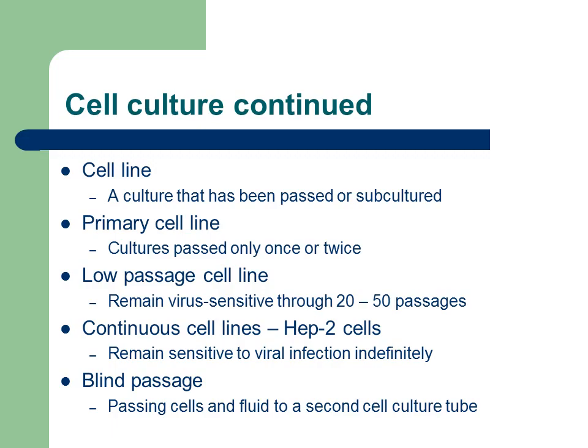For low passage cell lines, once you passage them 20 to 50 times, you have to throw them out because viruses will not infect them anymore. But with a continuous cell line, you can keep passaging them into fresh media, and viruses will continue to infect those cells. You could also have a blind passage where you passage cells and fluid to a second cell culture tube, and you may not actually know what virus you have in that situation.